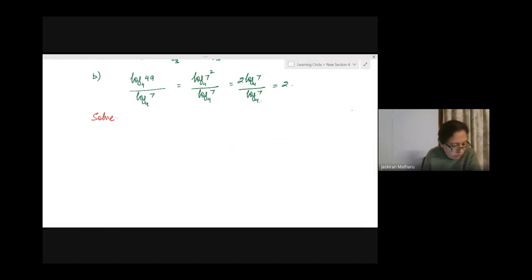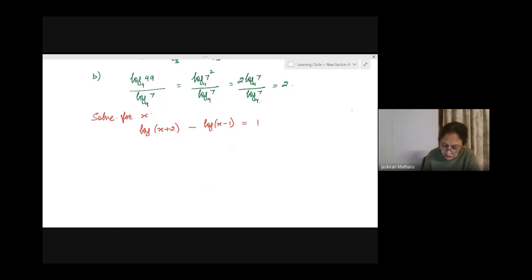Let's do one more question in which we have to solve for x. Solve for x. So it is log of x plus 2 minus log of x minus 1 is equal to 1. So we have to solve for x.